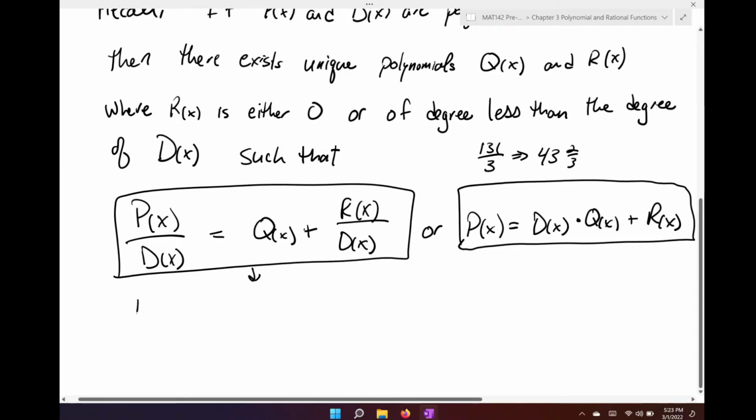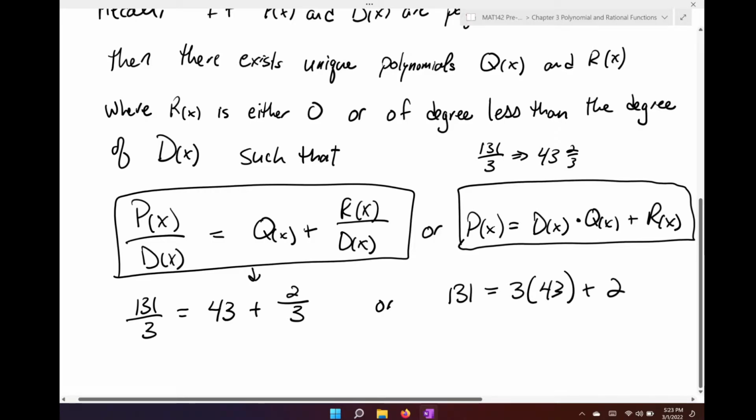You have 131 over 3 is equal to 43 plus 2 over 3, or 131 equals 3 times 43 plus 2, which is exactly how you would check yourself to make sure you are correct with your division algorithm. Sorry, I'm having a problem writing a 3. There we go.